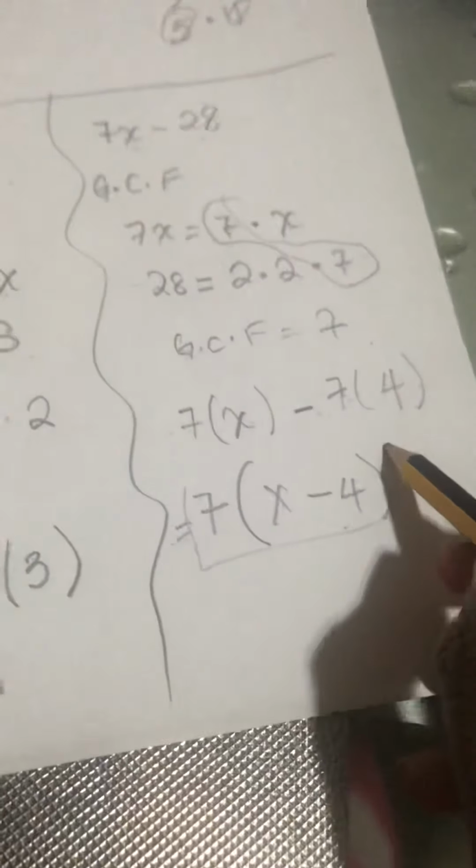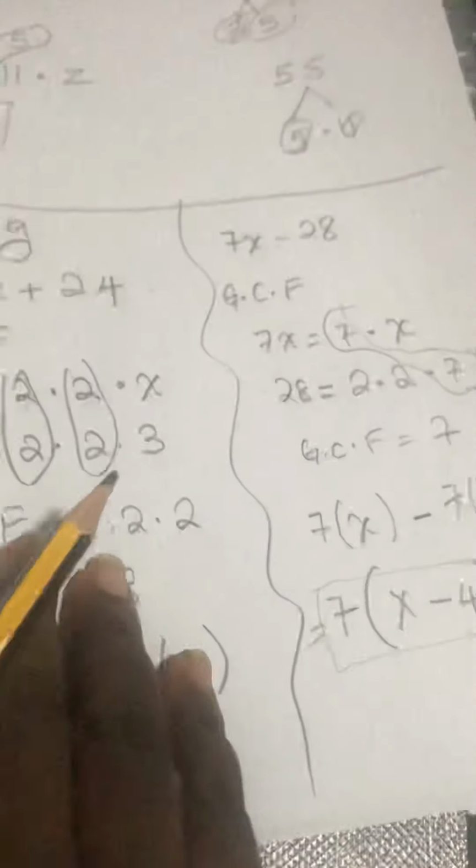Now let's do one where there is no common factor. Okay? One more, and then you will do the examples by yourself. So let us do 13z plus 9m.